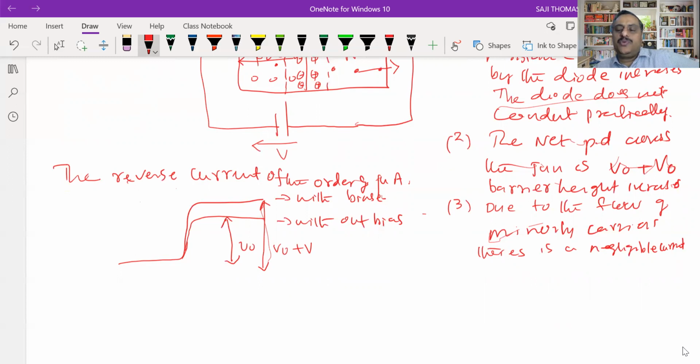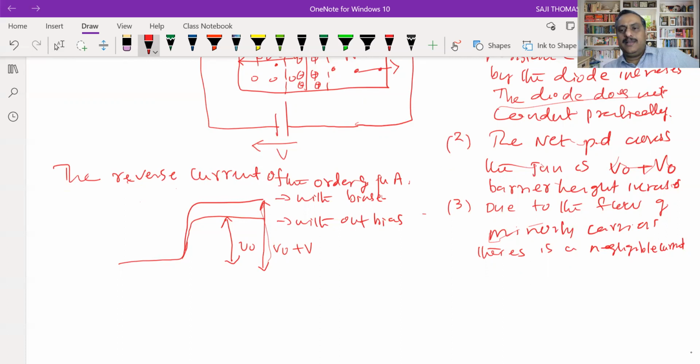So I will give you a quick recap. What is a diode? A diode is a PN junction provided with metal contacts. And we need to bias a diode for conduction. Why do we need to bias? Because of the junction potential barrier. There are two types of biasing, forward biasing and reverse biasing.